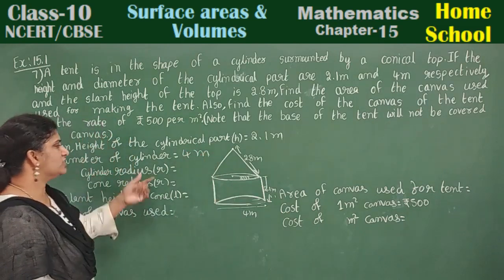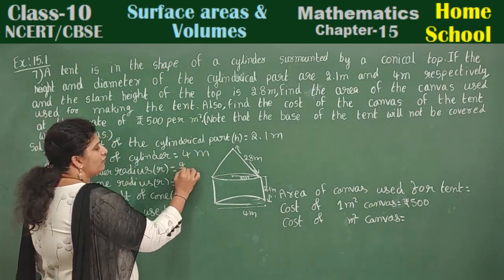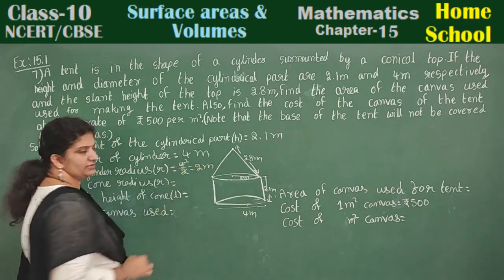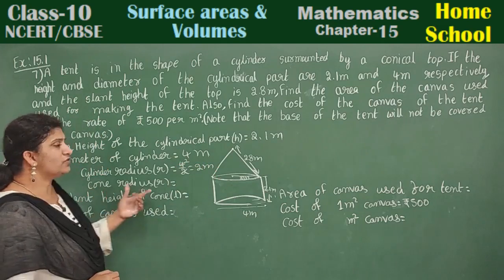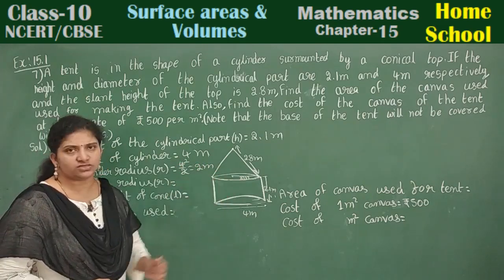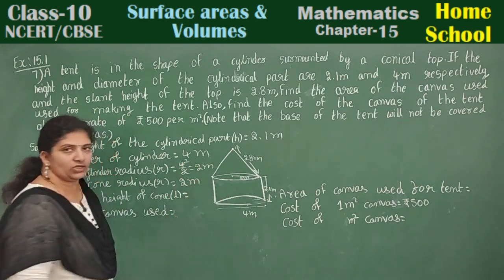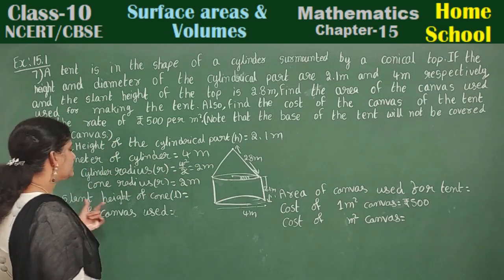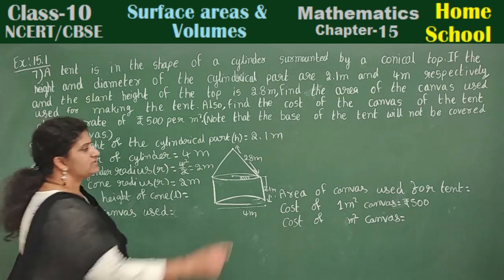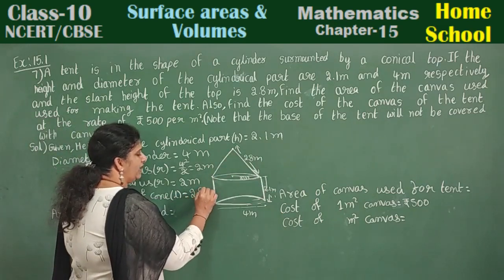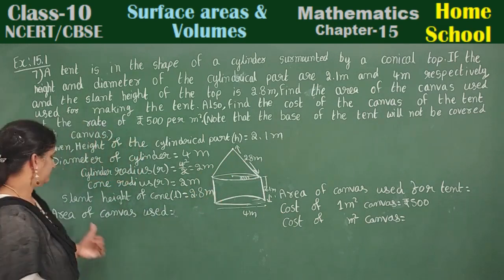Then coming to radius of cylinder, half of 4, that will be 2 meters. Radius of cone, cone radius is also same. There is no change. You can write cone radius is equal to 2 meters. Slant height of the cone is also given, L is equal to 2.8 meters.